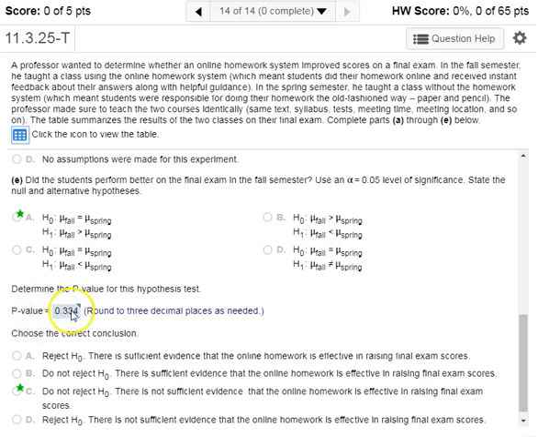And if our p-value comes back, which in this case it does, larger than alpha, which our significance level is 0.05, whenever it's larger than that, we cannot reject the null hypothesis, which in this case means there's not sufficient evidence to conclude that classes in general using the online homework like our fall class did will score higher on the final exam than classes using traditional pencil and paper homework like our spring class did.